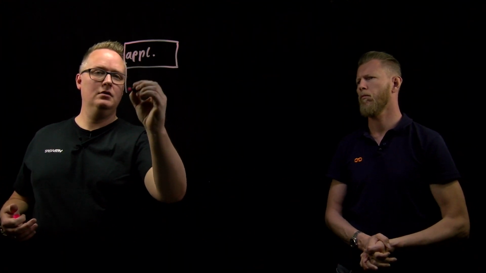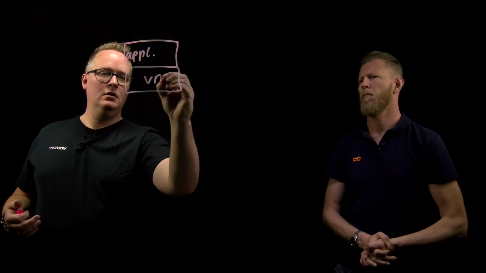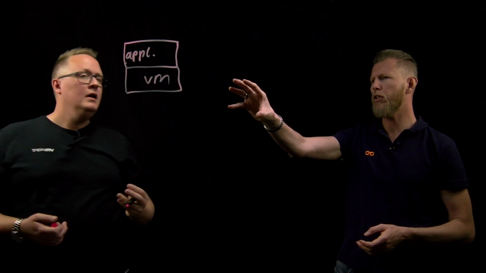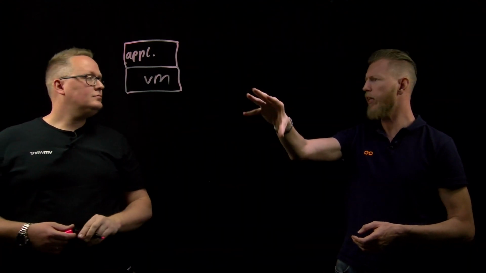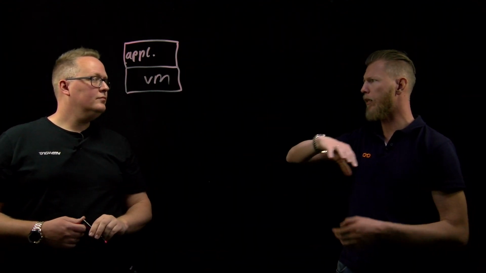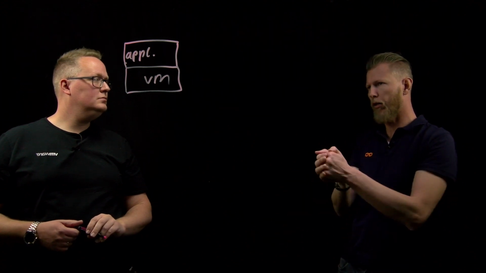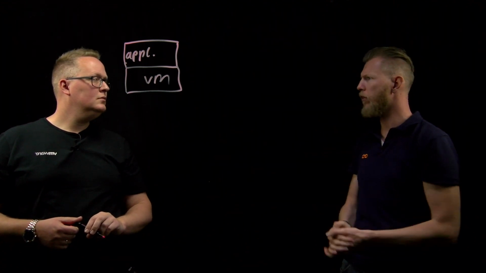Right, applications. If we look at your typical IT application, it's fairly simple, right? We have an application running on a VM. It doesn't really matter if this is a 3-tier application or a legacy application in general.